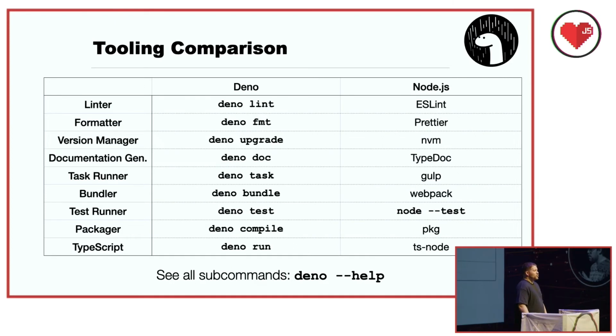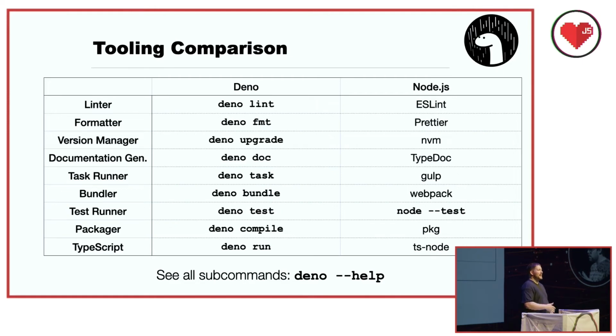Next, I wanted to talk about the tooling comparison. As I mentioned, Deno does have an integrated tool chain. All the things you see here in the left-hand column come out of the box. So you don't have to install a linter, formatter, version manager, any of those things. If you were using Node, you would have to separately install ESLint, Prettier, NVM, all the things that are listed here. The one thing that Node does have out of the box is a test runner.